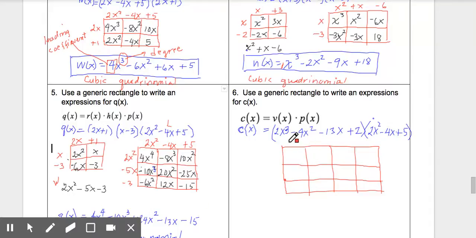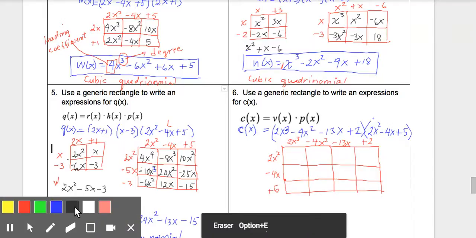Okay, so our length is 2x cubed minus 4x squared minus 13x plus 2. And the width is 2x squared minus 4x plus 5.